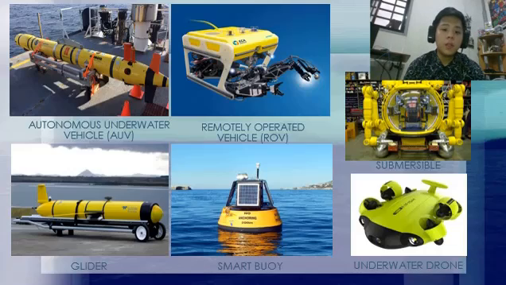AUV stands for Autonomous Underwater Vehicle and is commonly known as Uncrewed Underwater Vehicle. AUVs can be used for underwater survey missions such as detecting and mapping submerged rocks and obstructions that can be a hazard to navigation for commercial and recreational vessels.